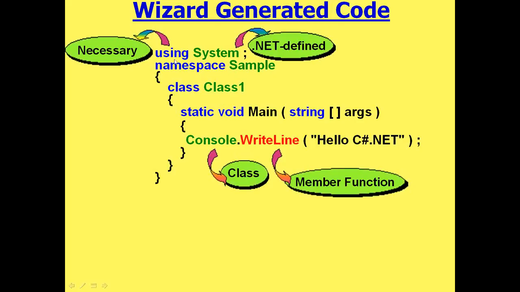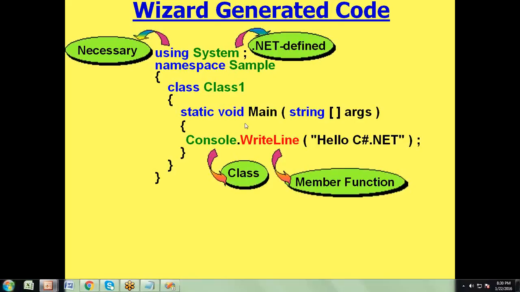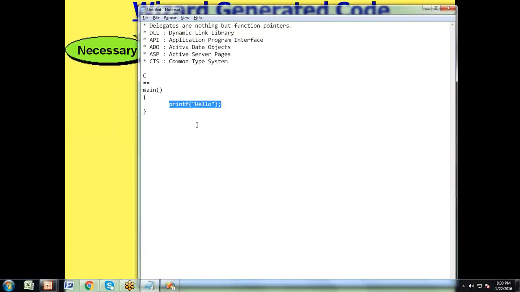Now at the top you will see one line: using System. What is System here actually? System is a namespace. Now the question arises, what is a namespace?